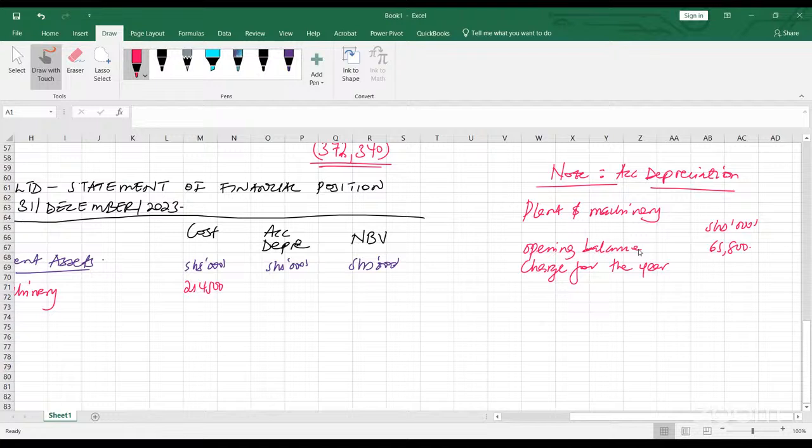Take your manufacturing account and read for me the charge for the depreciation of the plant and machinery. Christine, how much was that depreciation? 25,740.